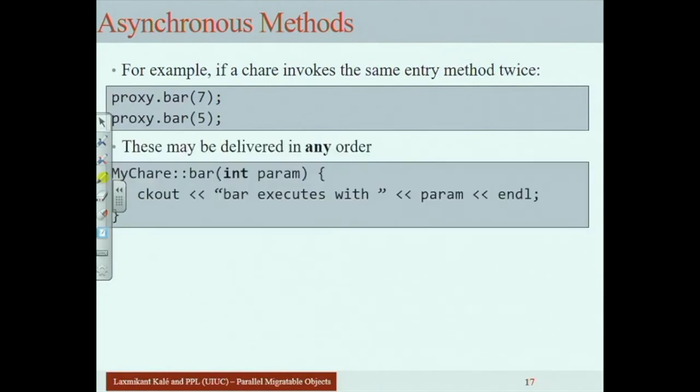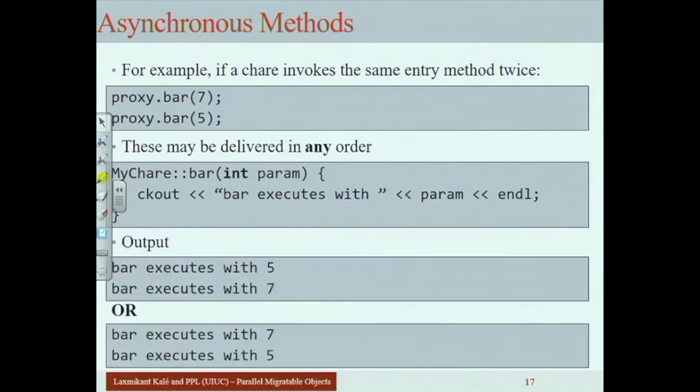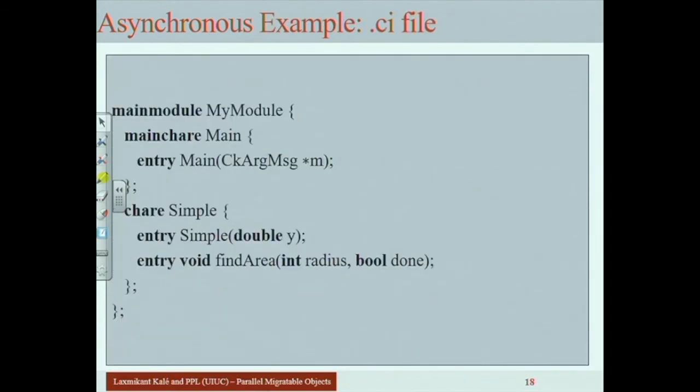They can be delivered in any order. Bar is going to just print bar executes with whatever parameter is given to it. So the output can be bar executes with 5, bar executes with 7, or bar executes with 7, bar executes with 5. The system guarantees a single CkPrintf or cout with an endl doesn't get garbled. The two statements will not get interleaved and mixed like that. But other than that, they can occur in any order. That makes sense?